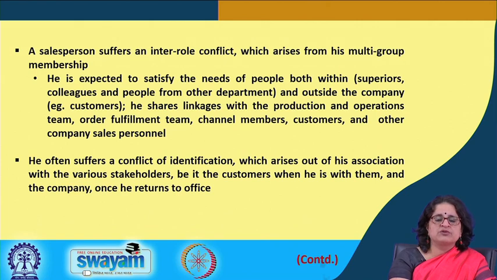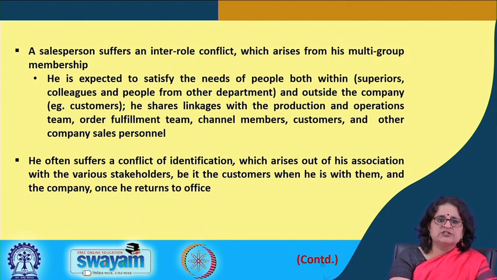One of the very common conflicts that he faces is the inter-role conflict, which arises from his multi-group membership. One, he is expected to satisfy the needs of the people both within the organization and outside the organization. Within the organization, he has to please his superiors, his colleagues, and people in other departments. Outside the organization, he must satisfy and please the customers.